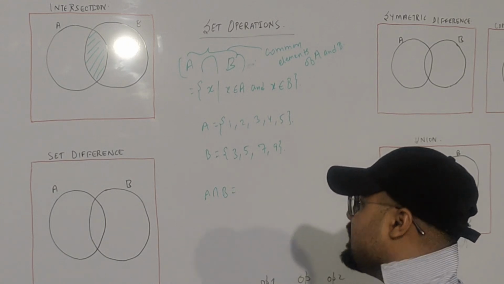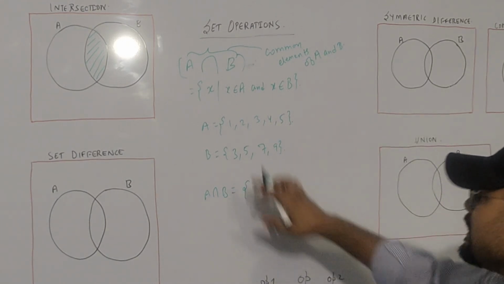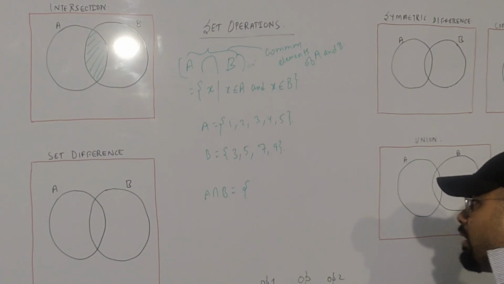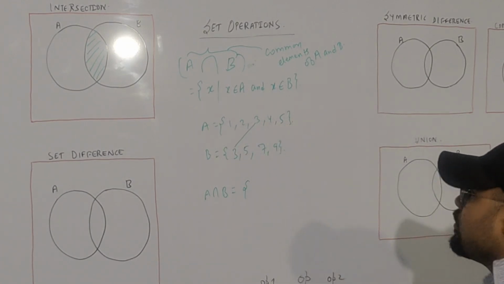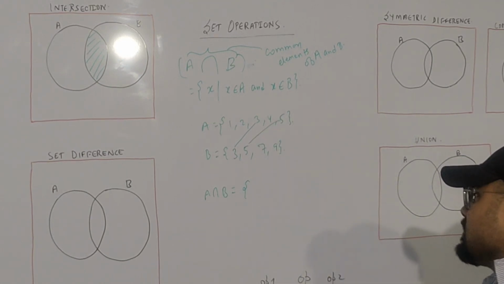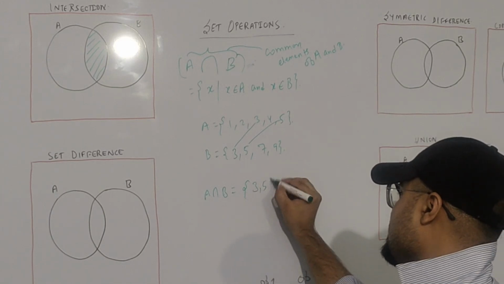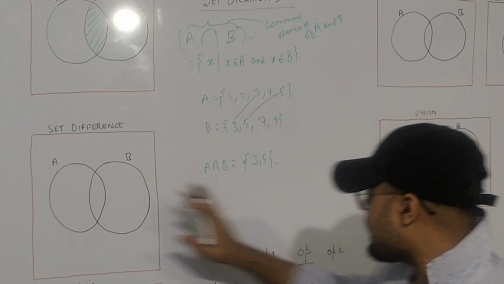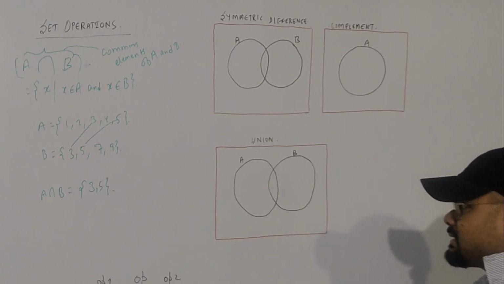A intersection B is a set, the elements of which are the common elements of A and B. What are the common elements between A and B? 3 is an element in both sets, 5 is an element in both sets. So A intersection B is {3, 5}.